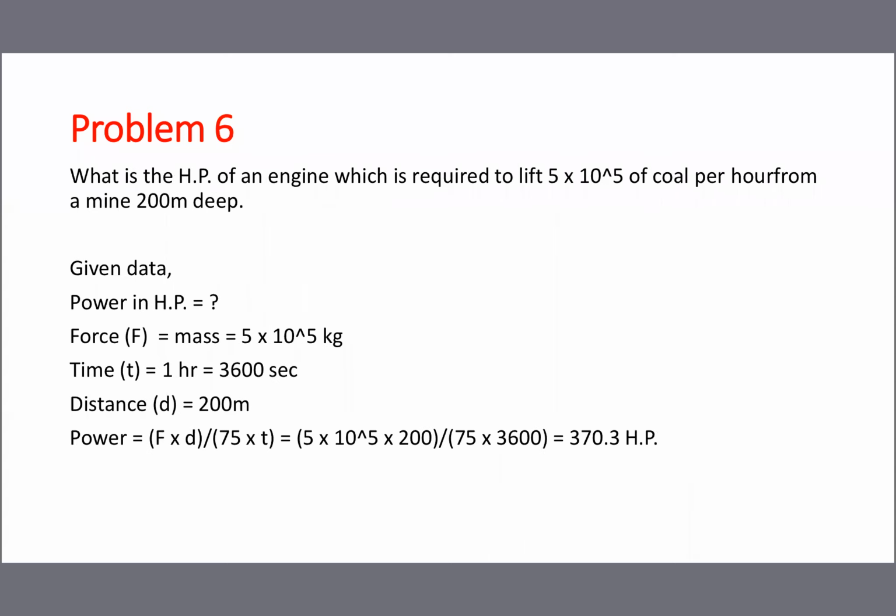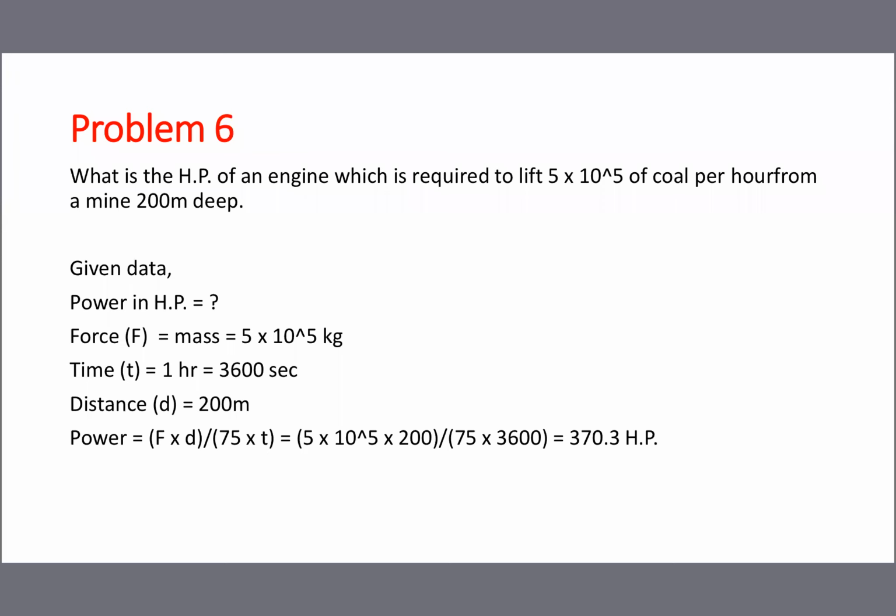Now the second part, power problems. What is the HP of an engine which is required to lift 5 into 10 power 5 kg of coal per hour from a mine 200 meters deep? Normally we take coal from the mine. 5 into 10 power 5 kg of coal is taken from the mine up to a height of 200 meters in 1 hour.